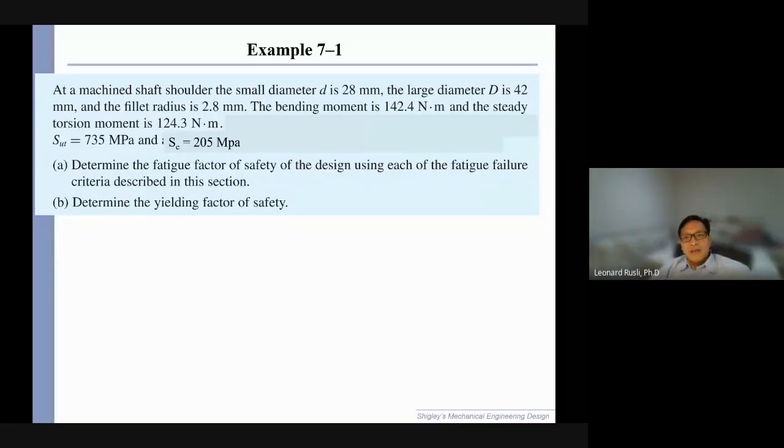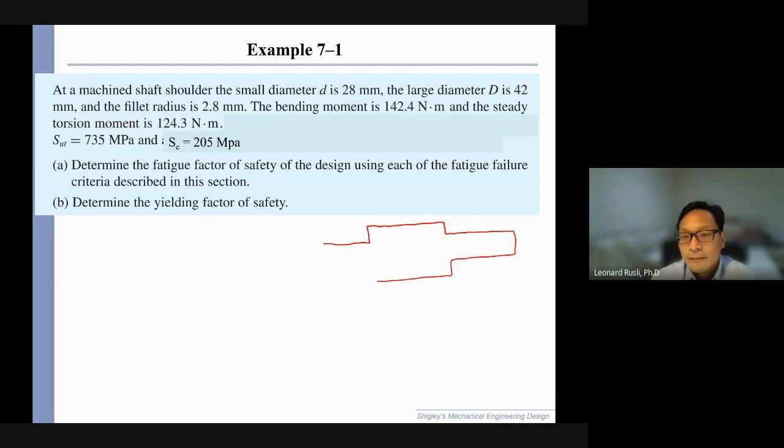So we're gonna do a shaft analysis, shaft design. And hopefully what I just spoke about, the sequence of solution, will become clear as we go through the example. Okay. So here we have a machined shaft shoulder with a smaller diameter and a larger diameter. Let's say we have a shaft here, right?